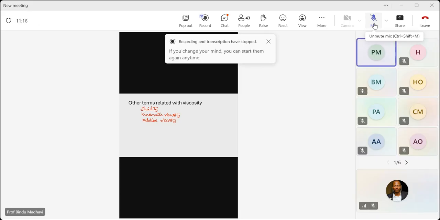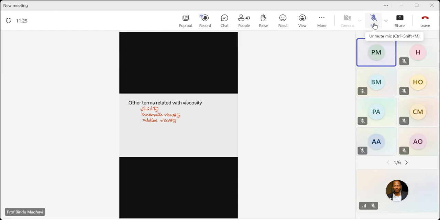Okay. So we are looking at the application part of the rheology. Before going to the application part of the rheology, let us see some other terms that are related with the rheology and viscosity. The first term is called fluidity. Fluidity is inverse to viscosity.